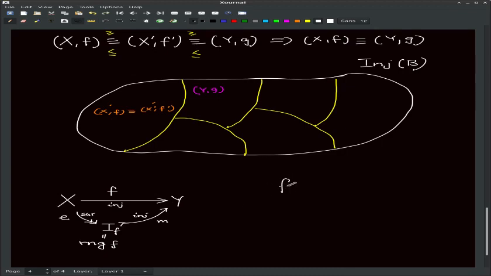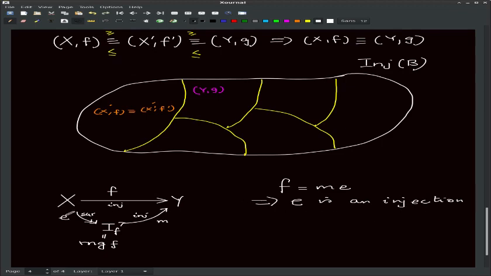If you tell me f is equal to ME, now f is an injection, so a composite is an injection, it tells me that E is also an injection. Right? So, what does it tell me?